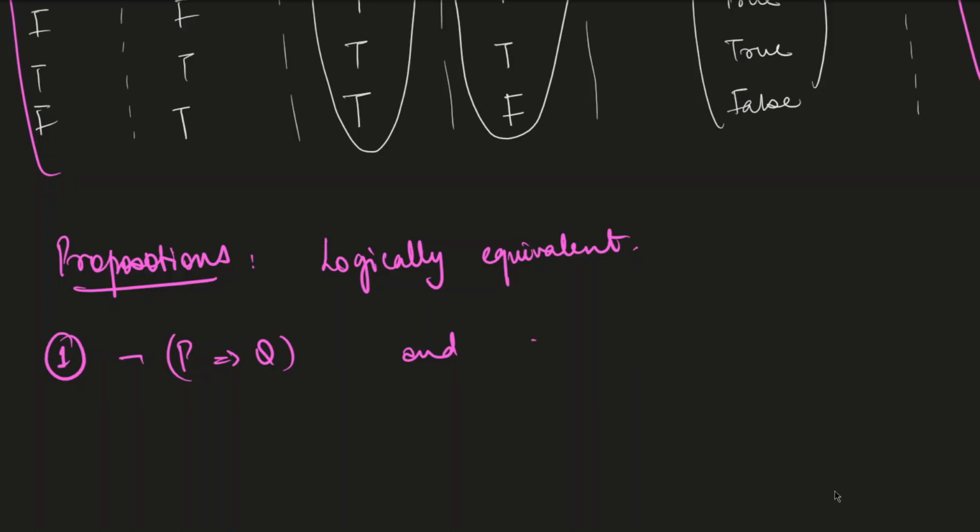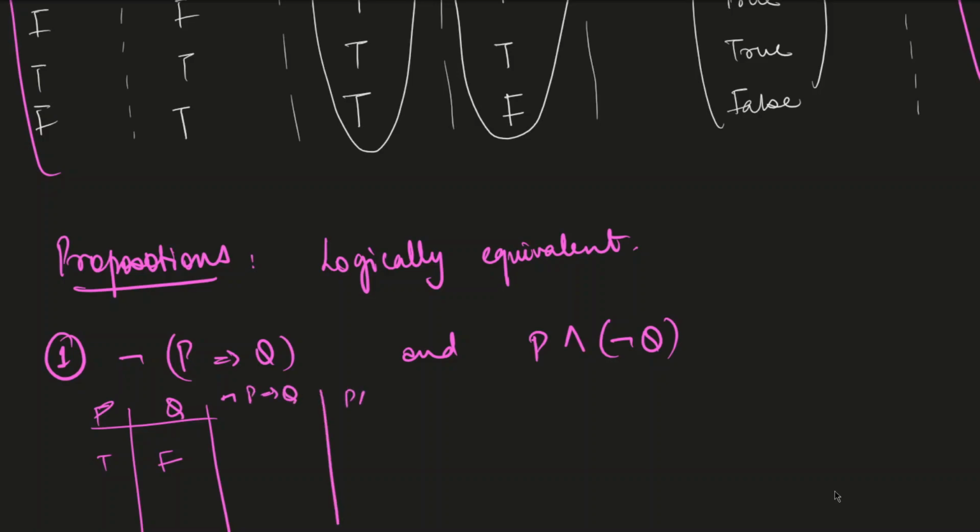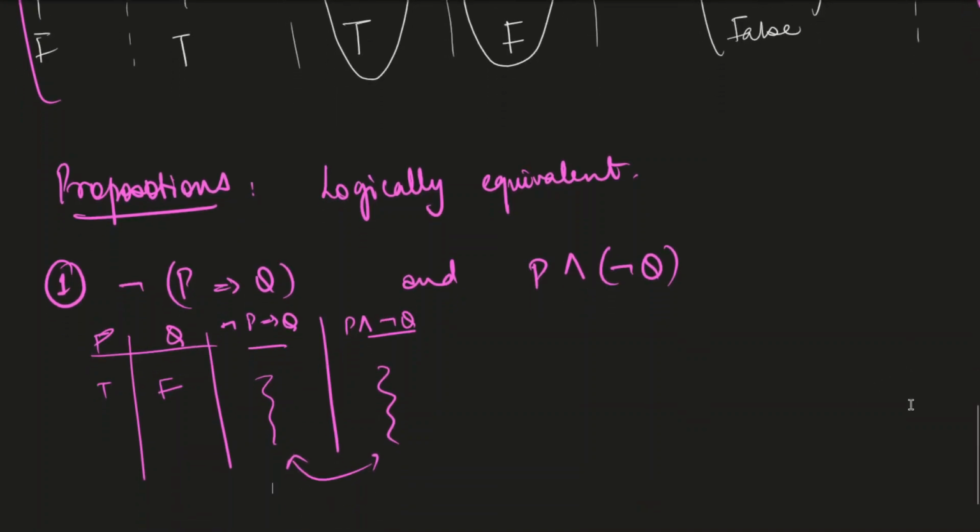This statement is written as P and negation of Q. Now, what you will do is draw the truth table for P and Q. You'll put in all the true and false values, and you'll see the negation of P implies Q and the truth table for P and negation of Q will have the same Boolean values, and hence they'll be logically equivalent, right? And that's all that logical equivalence means.